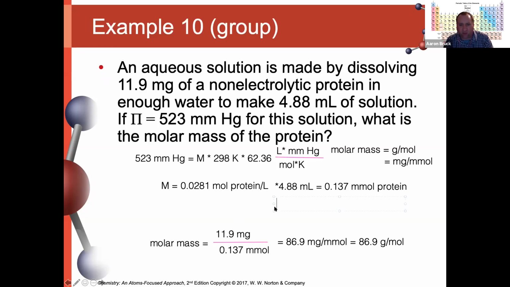But if we just wanted to prove that to ourselves here, 0.0281 times 0.00488 would give me 1.37 times 10 to the negative fourth moles of protein. 11.9 divided by 1,000 is 0.0119 grams divided by 1.37 times 10 to the negative fourth moles.